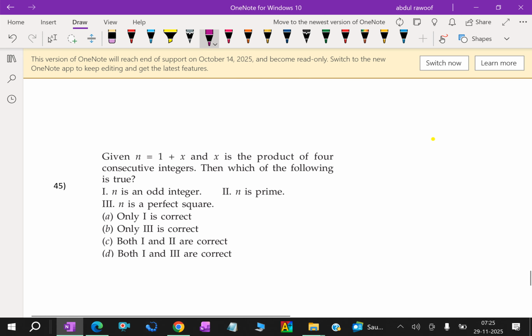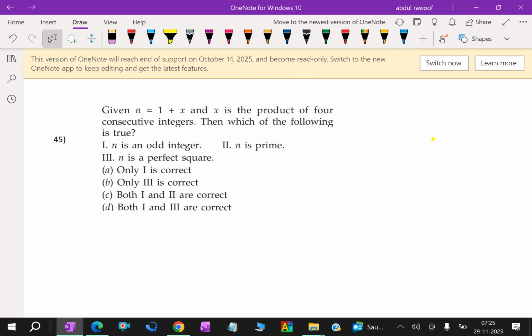Next question. If n equal to 1 plus x and x is the product of four consecutive integers, then which of the following is true? Here, n equal to 1 plus x and x is the product of four consecutive integers.